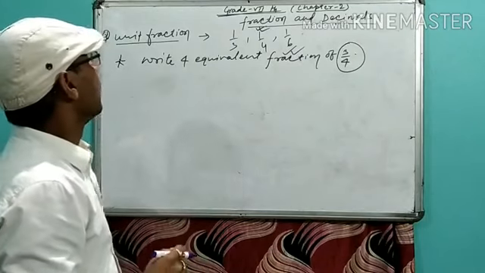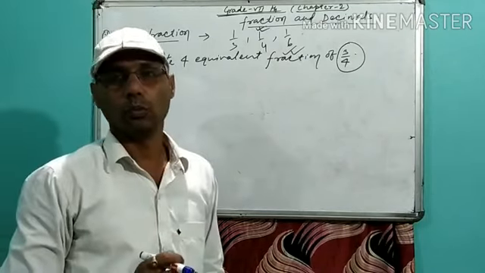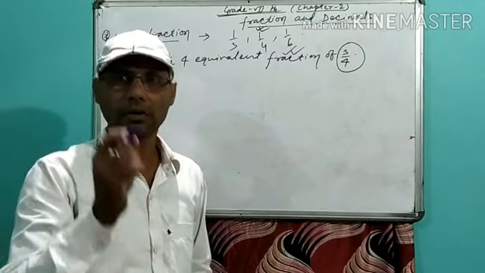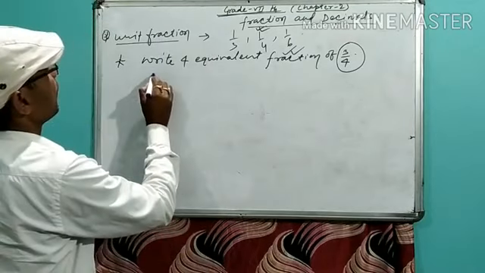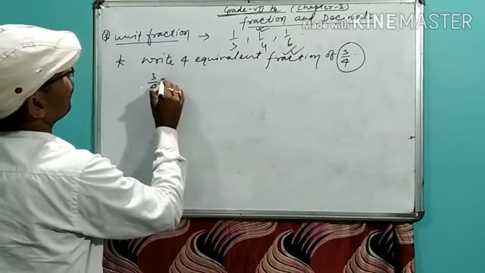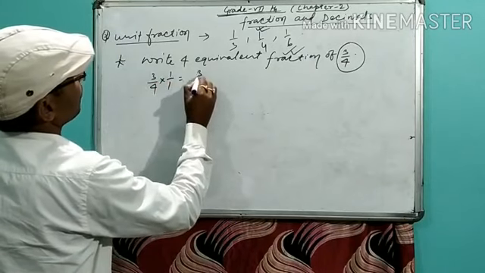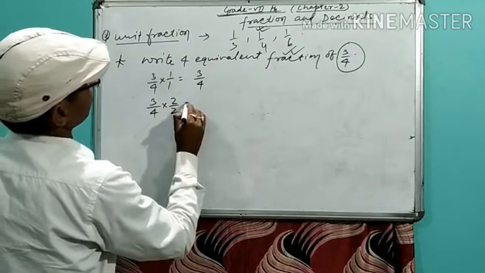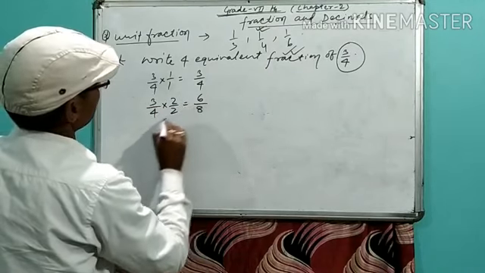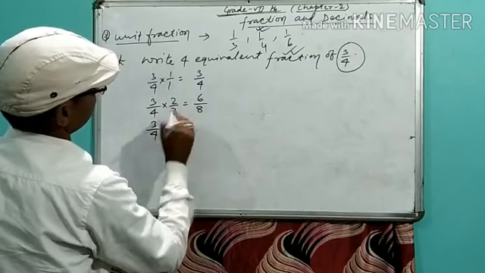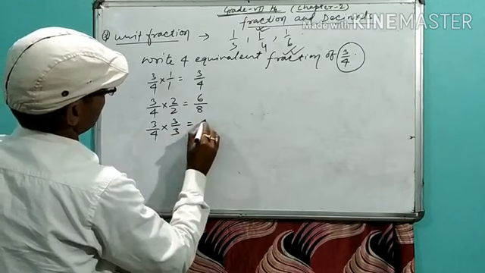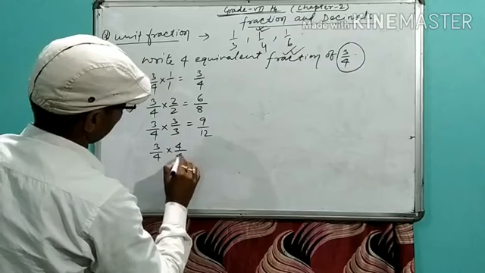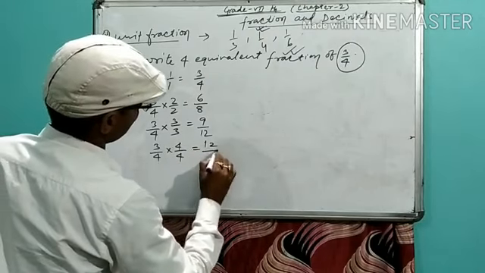To find it, at first we have to multiply the numerator and denominator by the same number. Suppose here is 3 by 4. I am going to multiply by 1 by 1, what will be? Same. Next 2 by 2: 6 by 8. 3 by 3: 9 by 12. 4 by 4: 12 by 16.